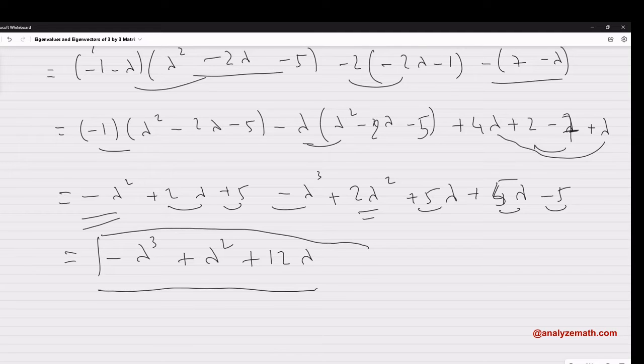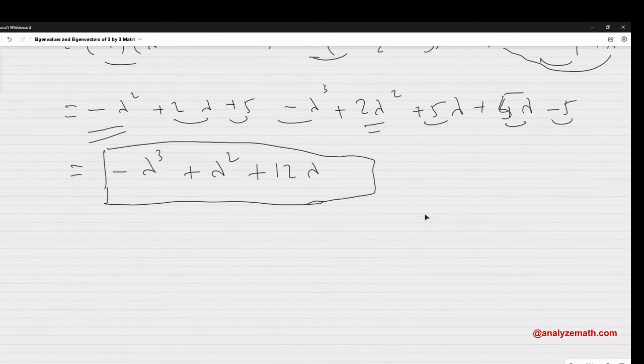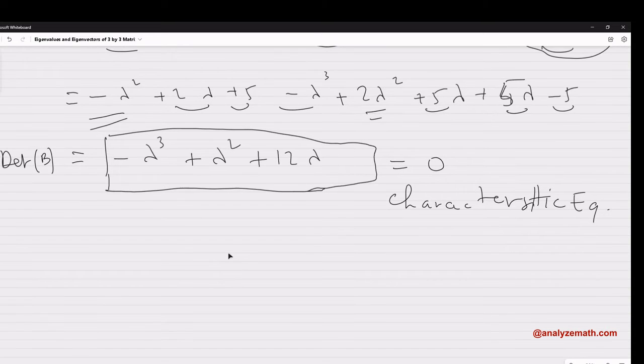It looks much smaller and less intimidating than at the beginning. Good. So this is the determinant of B, and remember what we want to do. The determinant equal to 0, and this is what we call the characteristic equation, which we need to solve.